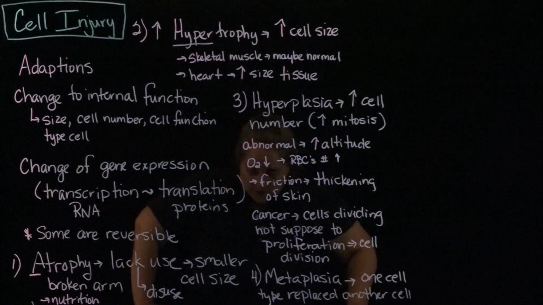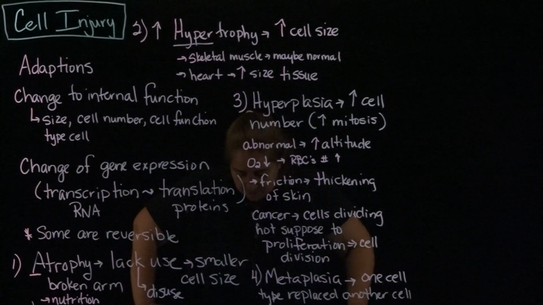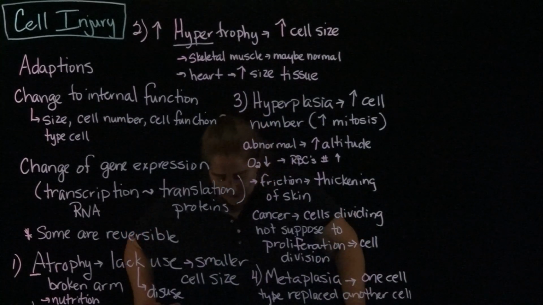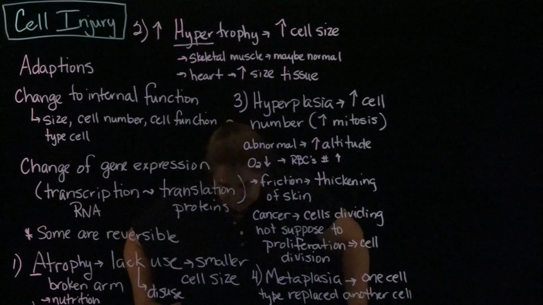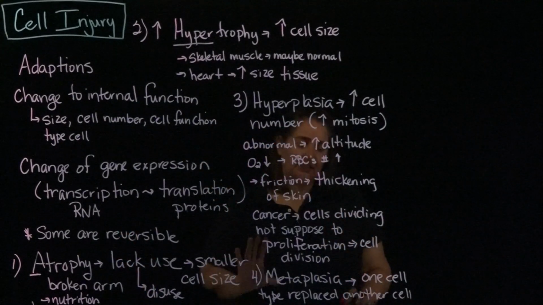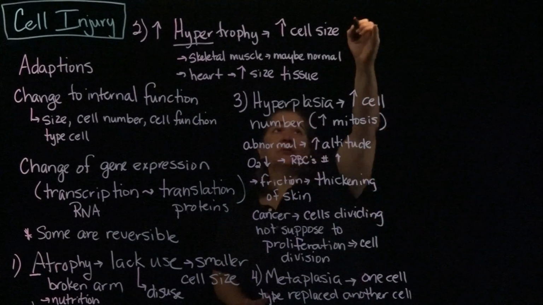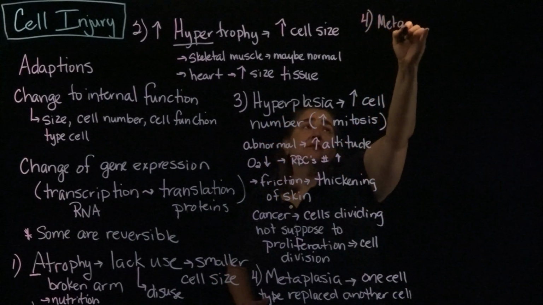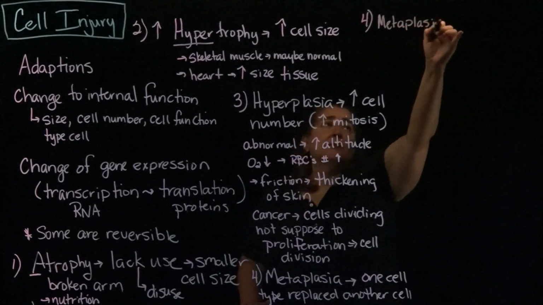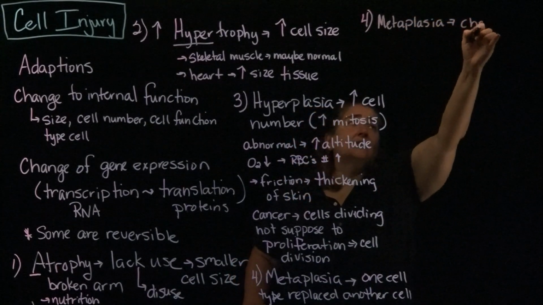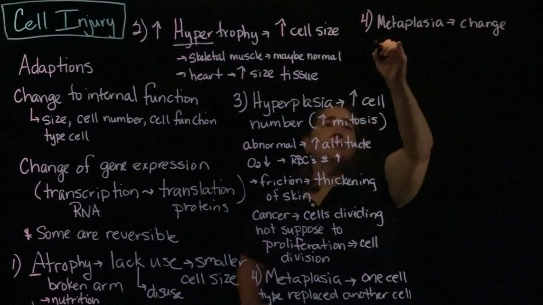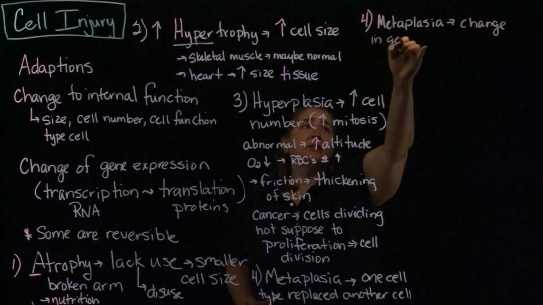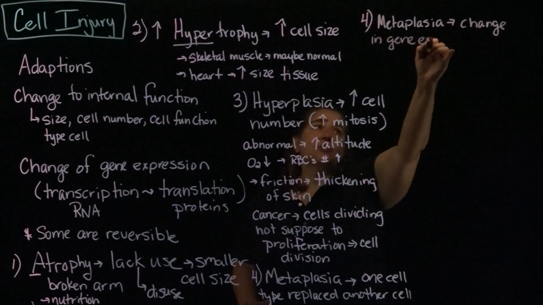And so with metaplasia, essentially what you've got is, again, and I'm going to put this up here because I ran out of space down there. Typically is a change in gene expression.